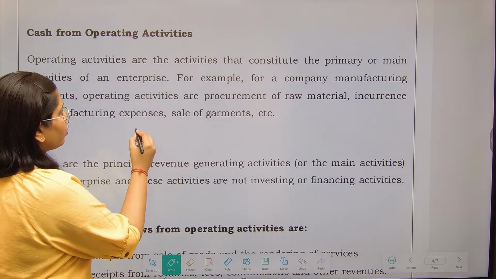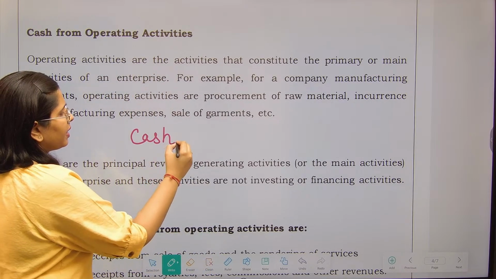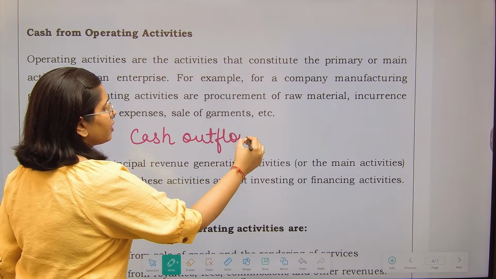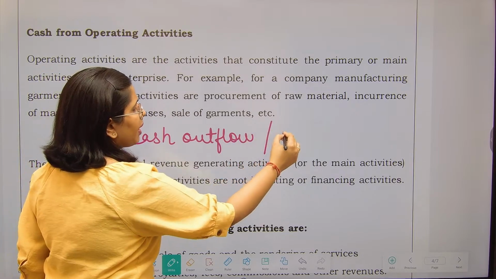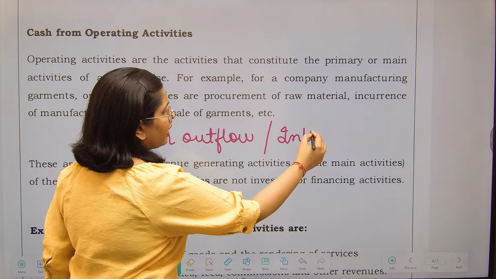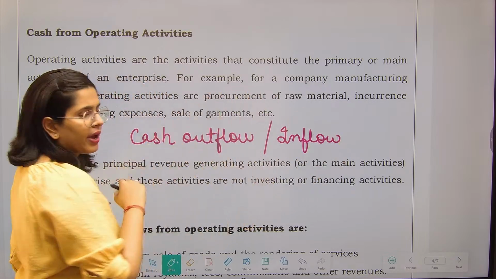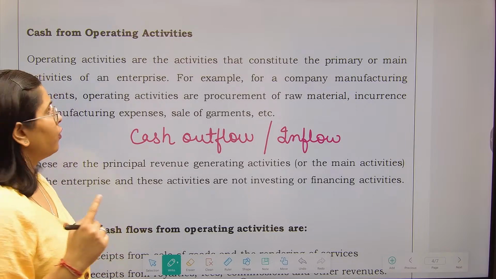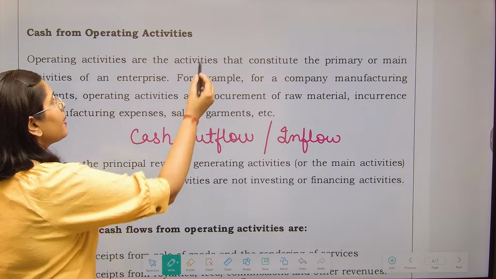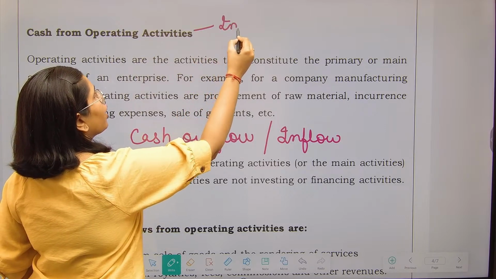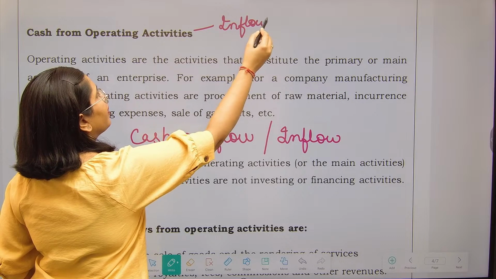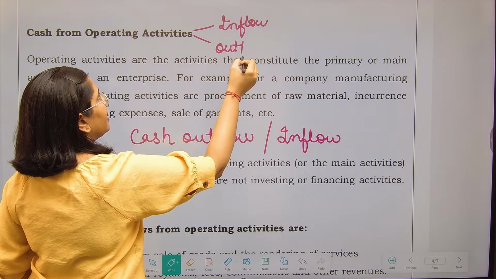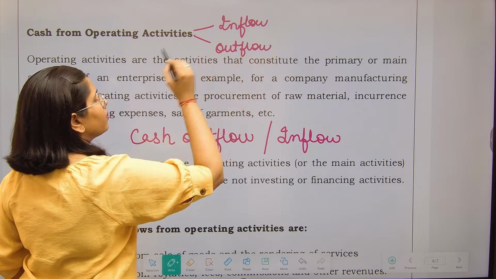If money is going out of my pocket, that means I am incurring an expense. And if money is coming into your pocket, that is called cash inflow. So every activity will have inflow as well as outflow. Like your operating activities, there will be some income because of operating activity, called inflow, and some expenses because of operating activity, called outflow.